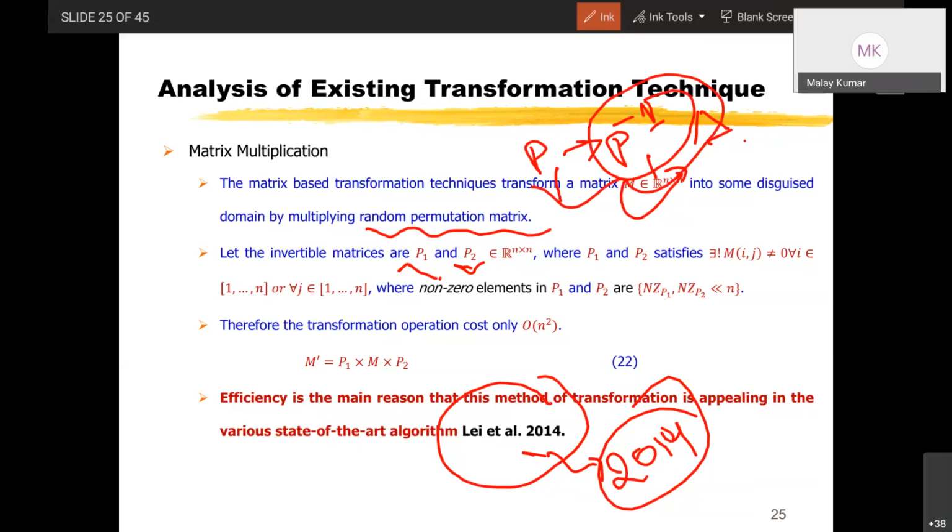Once you produce P1 and P2, these random values are used to perform the transformation operation, so that it performs the randomization.